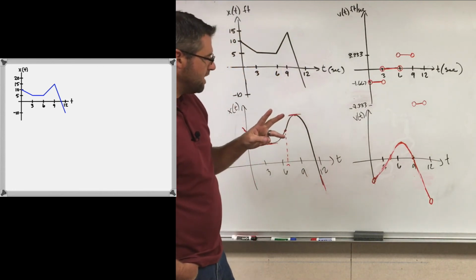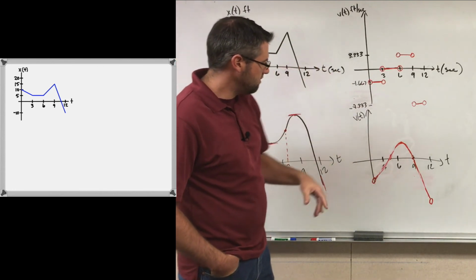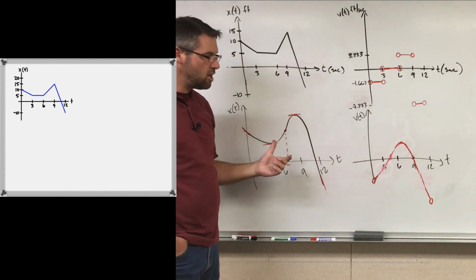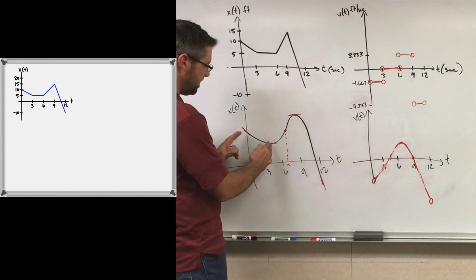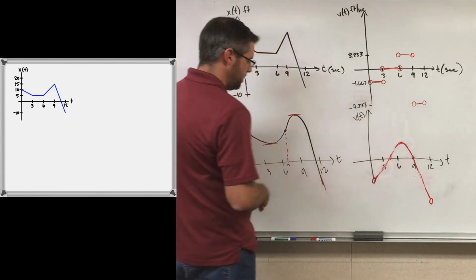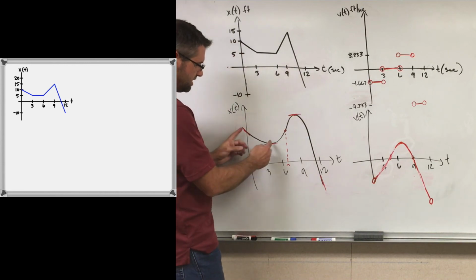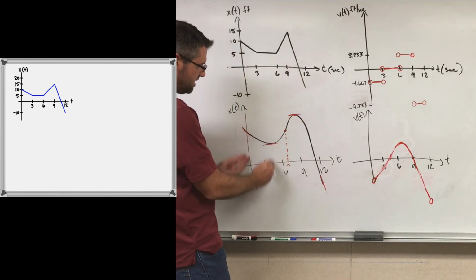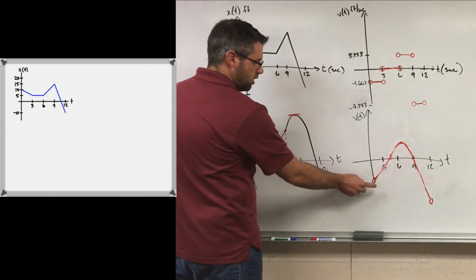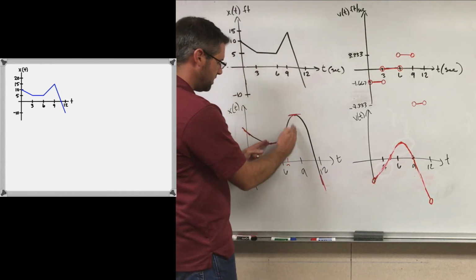Number three, to graph a derivative, you have to ask yourself, especially in a smooth graph, where it's the steepest. Wherever it's the steepest within each of these intervals will be either the lowest point in that interval or the highest point in that interval. Okay, so we say, okay, it's decreasing here. Within this interval, where is it the steepest? It's steepest at the end, so we put the lowest point there. Where is it in this interval?